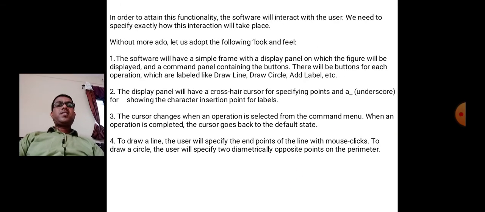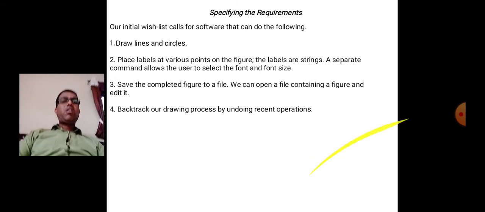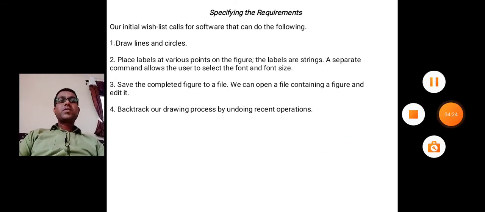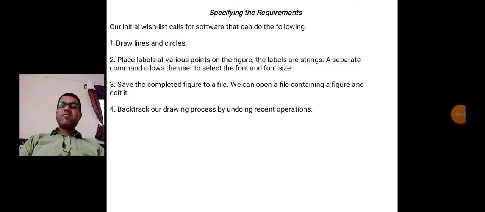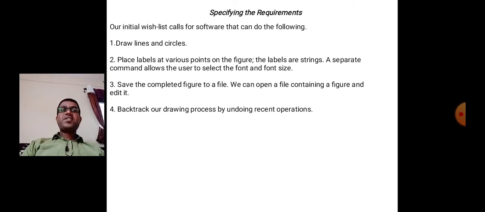For that, there is a need of specifying the requirements. Our initial wish list calls for software that can do the following. First, draw lines and circles. Second, place labels at various points on the figure. The labels are strings.